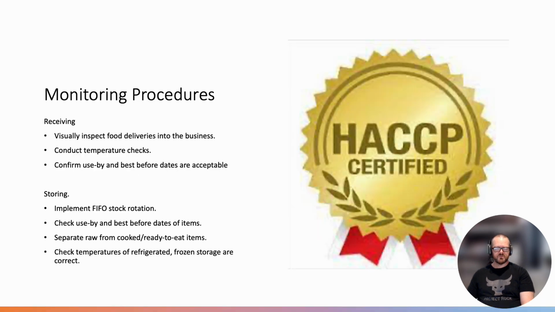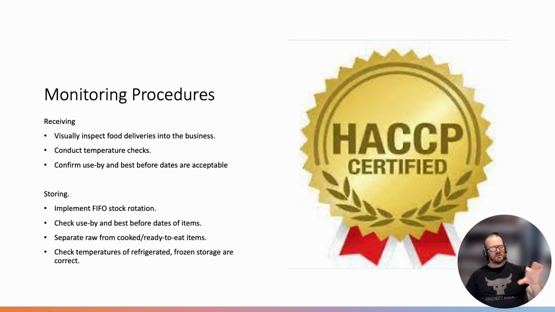A few monitoring procedures here, which aligns with question 13. You can see this is a step-by-step, or a little bit more detail around those stages of food handling. You can see here we've got receiving and storing, and then the monitoring procedure or control after that.